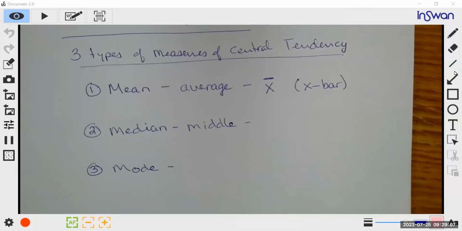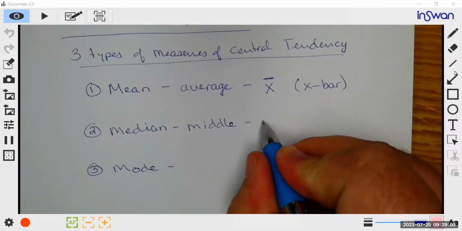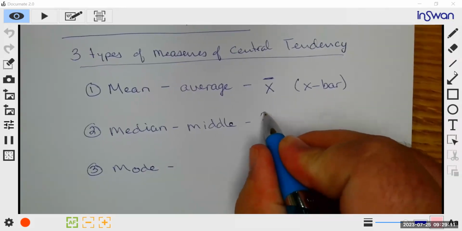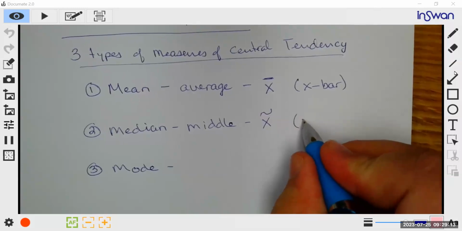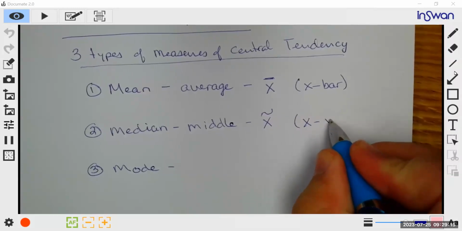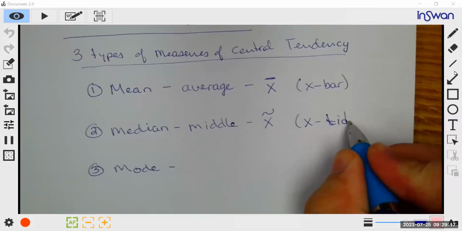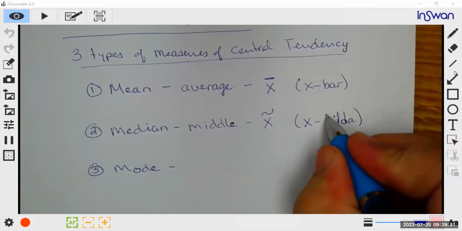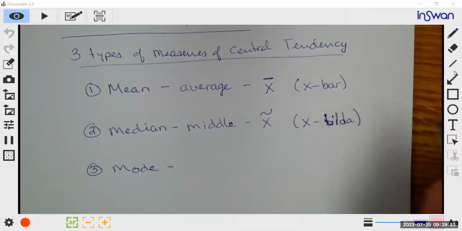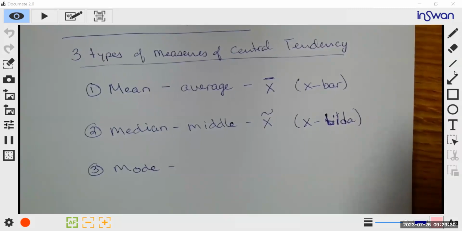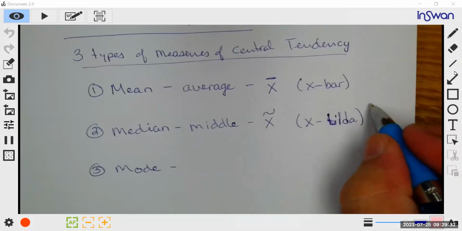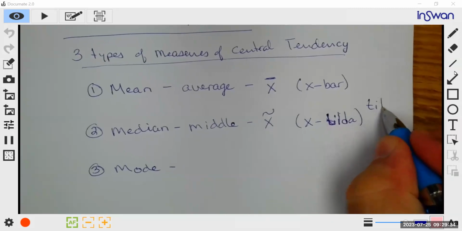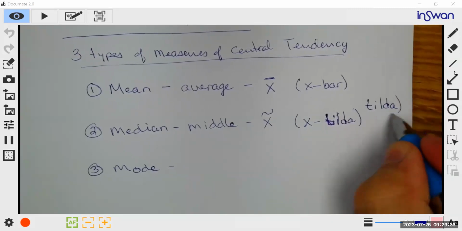It's the absolute top dead center of the middle of the road. That symbol is called X tilde.